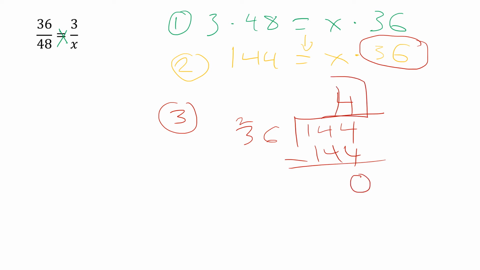So here is our answer. And again, we should be able to substitute this in for our problem. 36 times 4 equals 48 times 3. They both equal 144. So we know that we have a correct proportion.